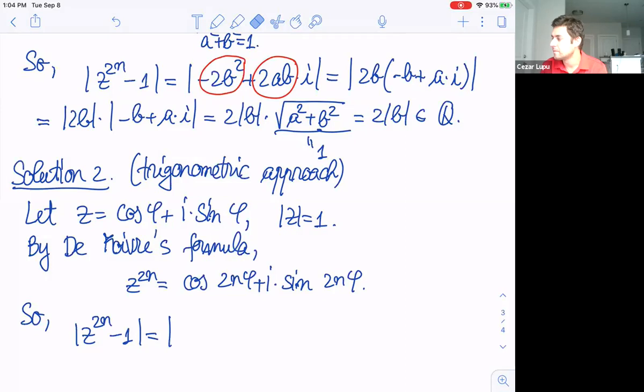Okay. At some point, anyway, I'm just going to say it directly, so I leave this to you as an exercise here.